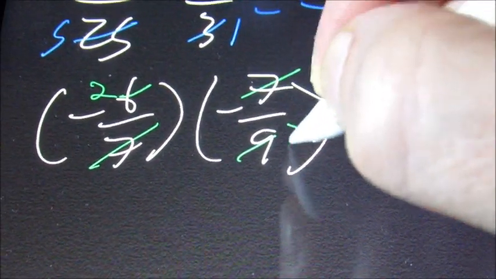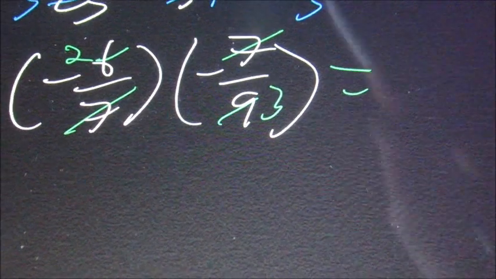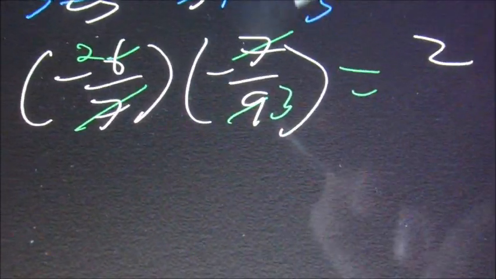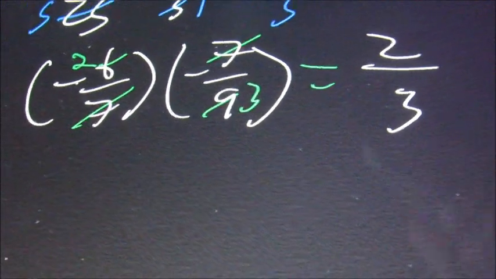So the 6 will become a 2, the 9 will become a 3. And now for our answer, we have a 2 times a 1, which is 2, over 1 times 3, which is 3. Negative times negative becomes positive. So our answer here will be 2 over 3.